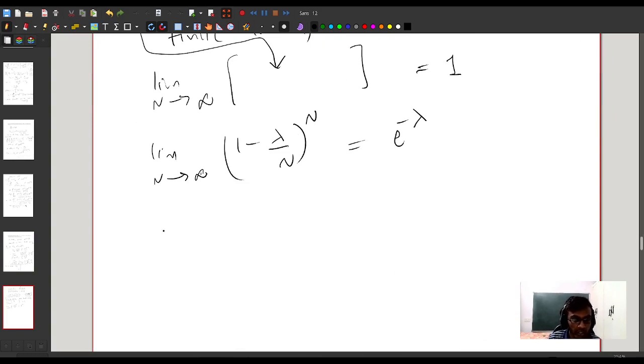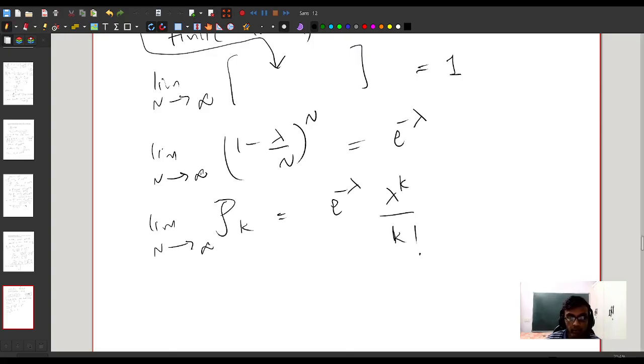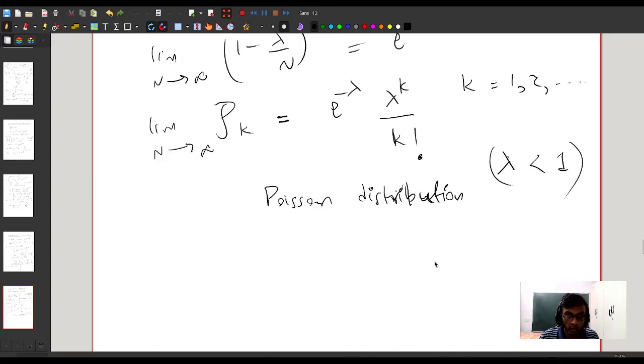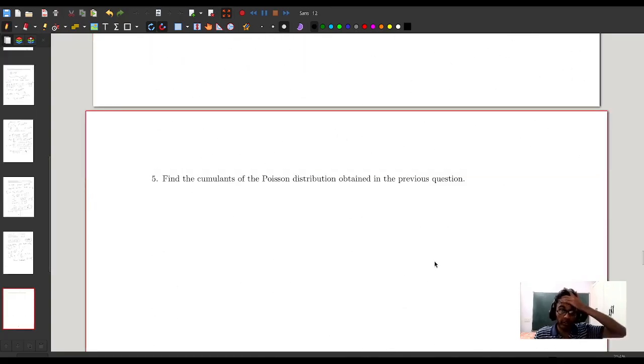Let us write that. Limit n going to infinity p of k is e to the minus lambda, lambda to the k by k factorial. Now k can take any non-negative integer value. Let's move on to the next question, where we will calculate some properties of this distribution function.